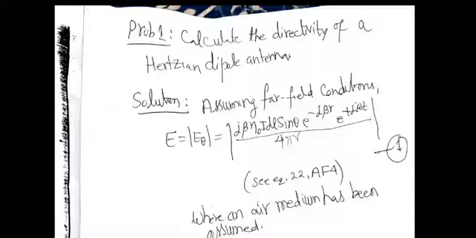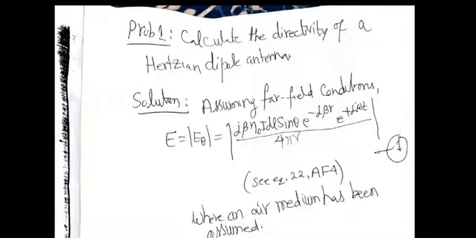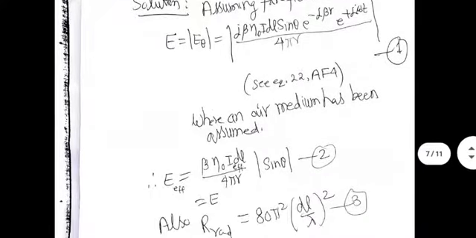You know that we will assume far field conditions. We know that the E theta formula is like what we are showing here. For a Hertzian dipole, this is the formula we have proven. So the magnitude of E theta, which is simply E, can be worked out as equation 2.